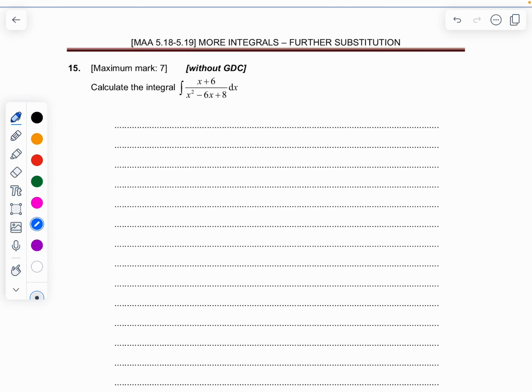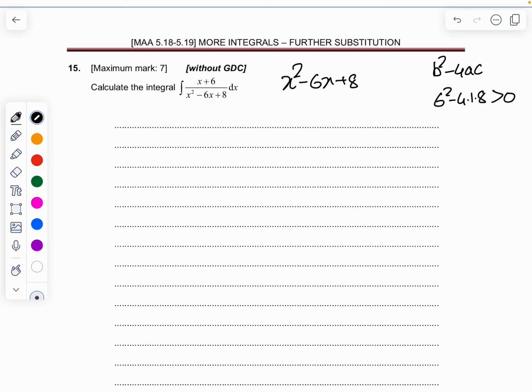Now calculate the integral for this one. Now the case is x squared minus 6x plus 8. It can be factorized into (x minus 2) times (x minus 4). How should I know whether it can be factorized or not? For x squared minus 6x plus 8, first find b squared minus 4ac, which is 6 squared minus 4 times 1 times 8, which is greater than 0.